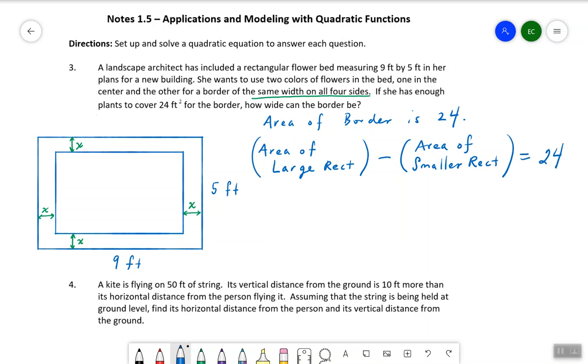Okay, and so what's the area of the large rectangle? That's just length times width, 9 times 5, or we could go ahead and write 45.